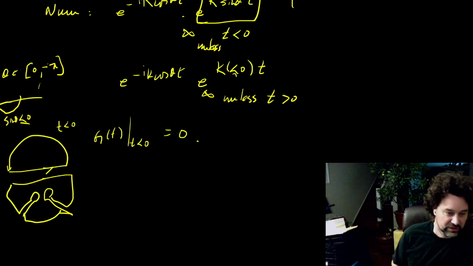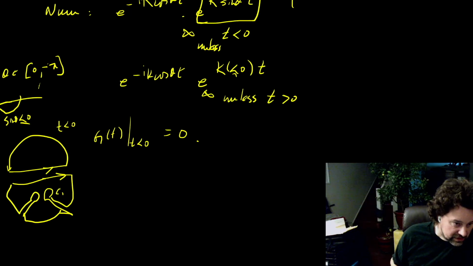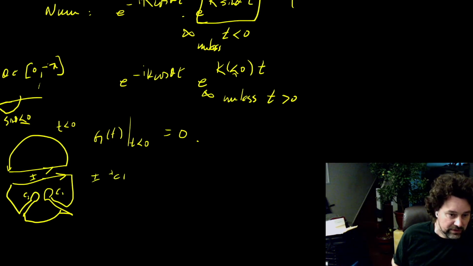Now we want to do our integral for the lower half plane. We have 0 along these portions of the path. We have canceled segments along these portions of the path, and we have our integral that we're interested in. So our integral will be the negative of our integrals around these poles. We call these C1, C2, and I. We have I plus C1 plus C2 equals 0.